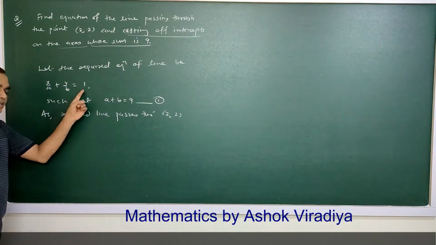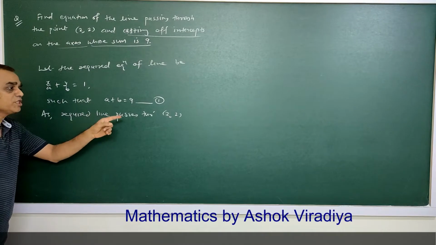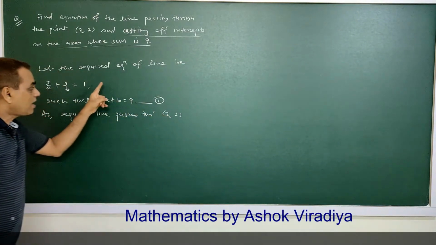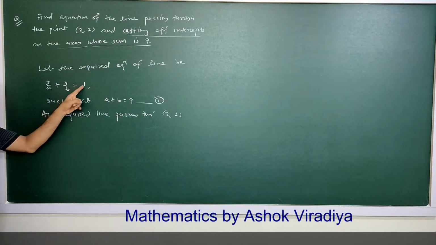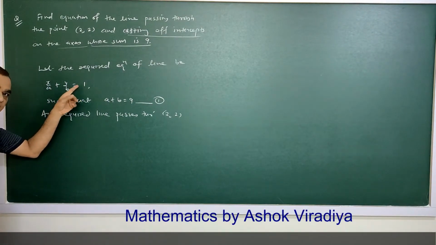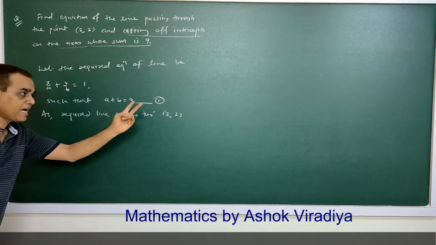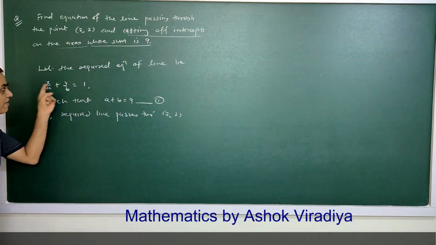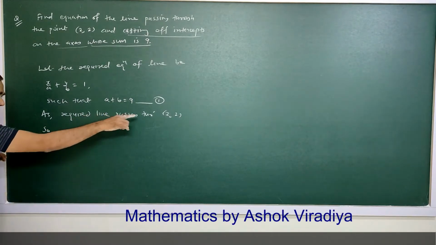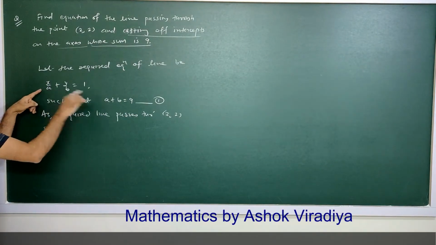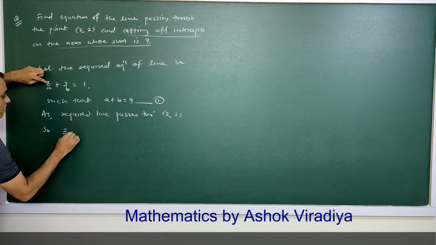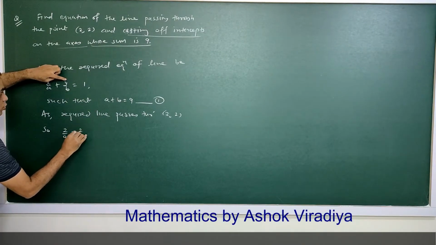This is the required line. It is passing through (2, 2). That means a point lies on this line. And if a point lies on a line, it means the coordinates of that point will satisfy that equation. So putting this point in this line, put x equal to 2, y equal to 2.